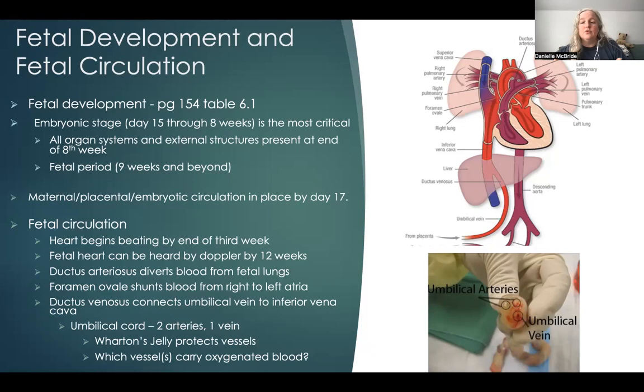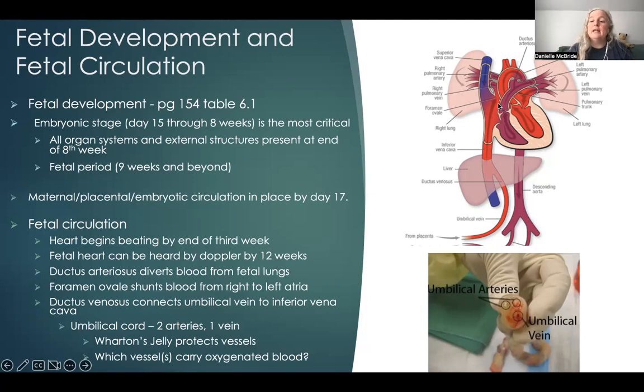If we look, the blood that's coming in from the placenta comes in and hits this first shunt. And this first shunt is the ductus venosus. The ductus venosus takes the oxygen-rich blood that's coming in from the placenta through the umbilical cord, and it sends it up to the heart.